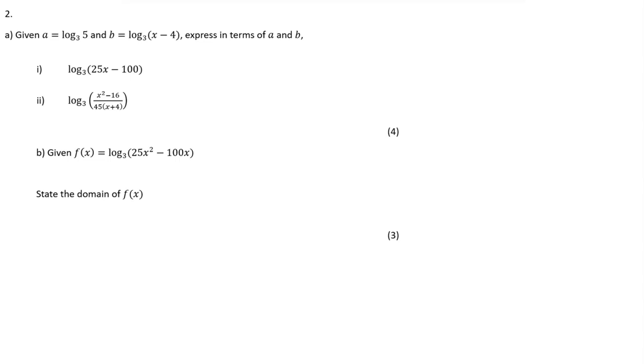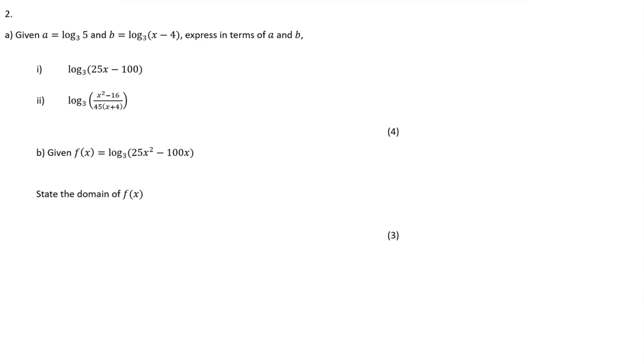an error. Now, we discussed earlier that in order for a logarithm to give you a valid answer, you need to make sure that you're doing log of a positive number. If you do log of 0 or log of a negative number in your calculator, you'll get an error.